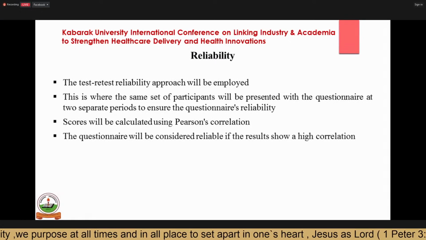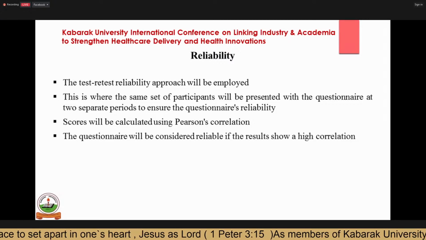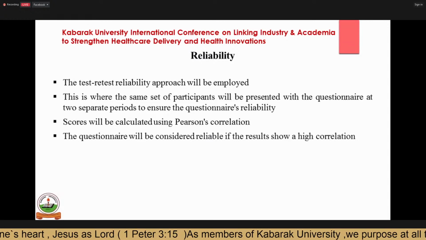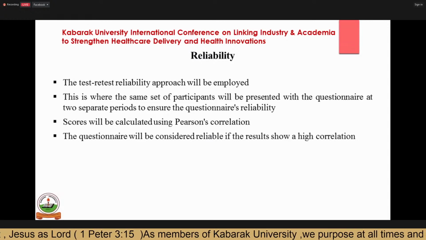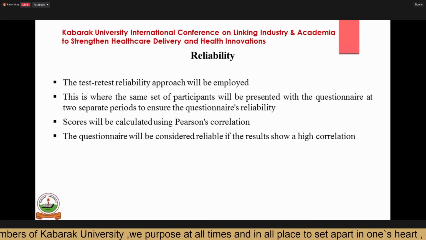I will use test retest reliability. I will give a set of participants questionnaires in 2 separate periods to ensure their reliability, and this will be calculated using Pearson correlation, and any high correlation will be considered reliable.